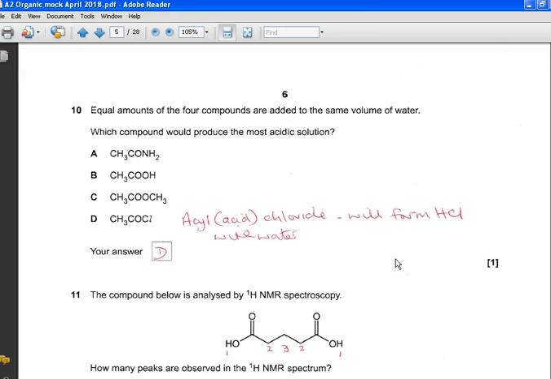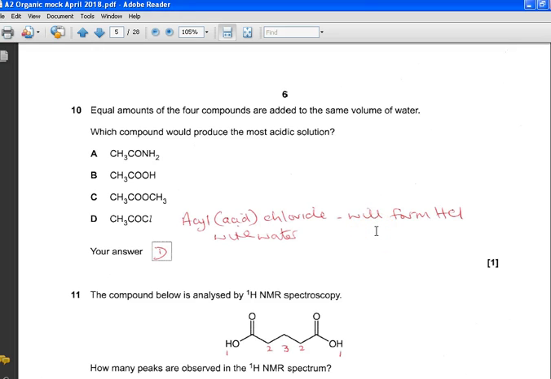If we're adding the same amount of the 4 compounds to the same volume of water, which one would be the most acidic? These 2 you can obviously discard. This is obviously basic, and this is an ester. This one, your eye is drawn to. It's a carboxylic acid, but of course this is a weak acid, whereas this one will form hydrochloric acid because it's an acyl chloride.